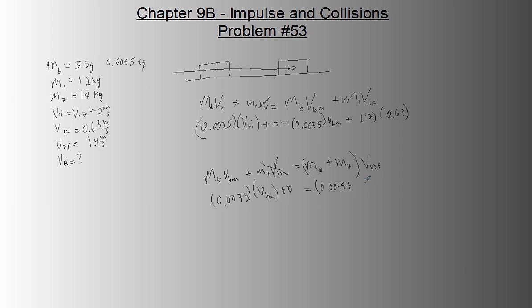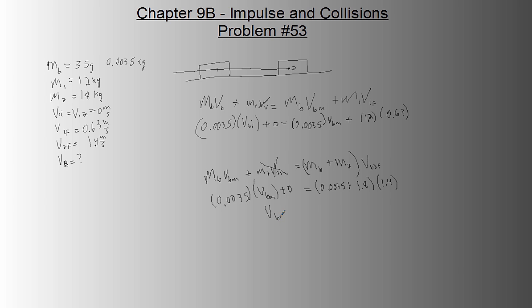equals 0.0035 plus 1.8, and 1.2 plus 1.8 times the final velocity, which is 1.4. We can solve. We only have one variable here. We can solve for VBM.